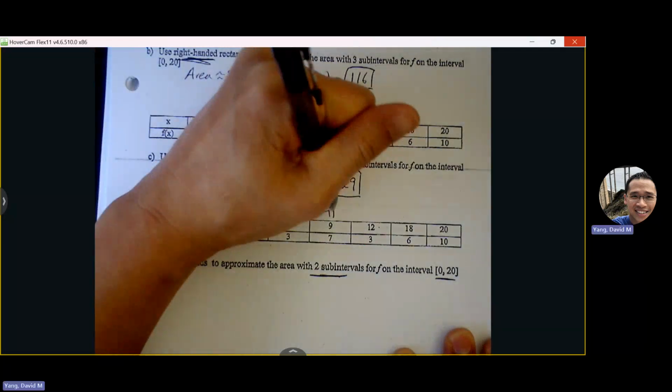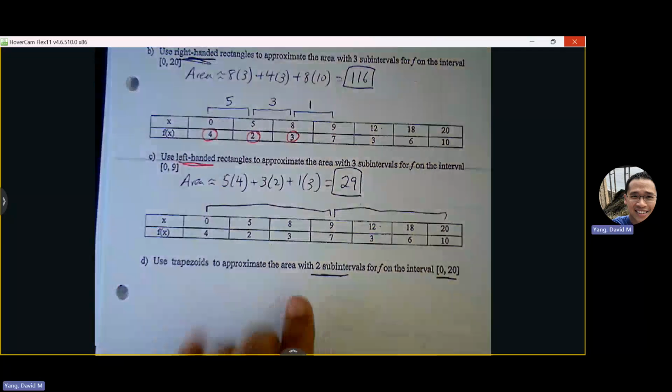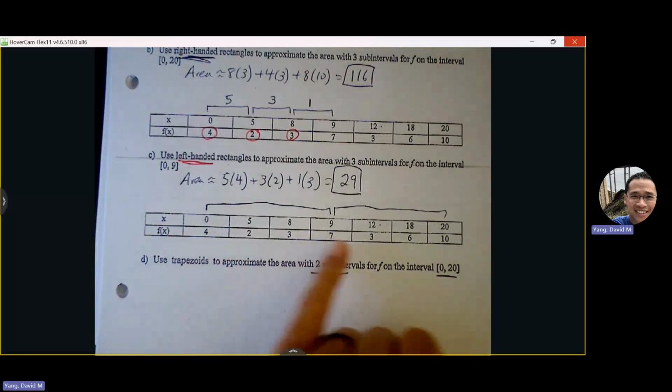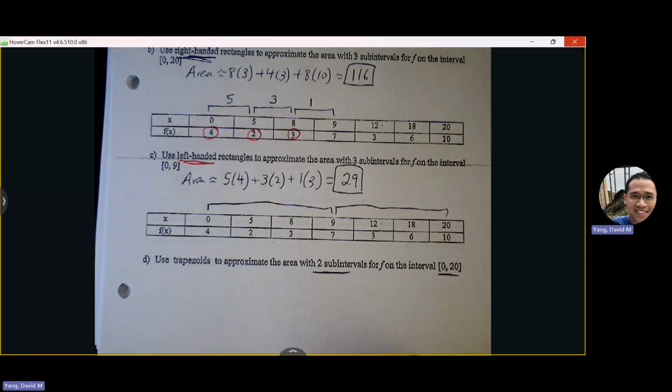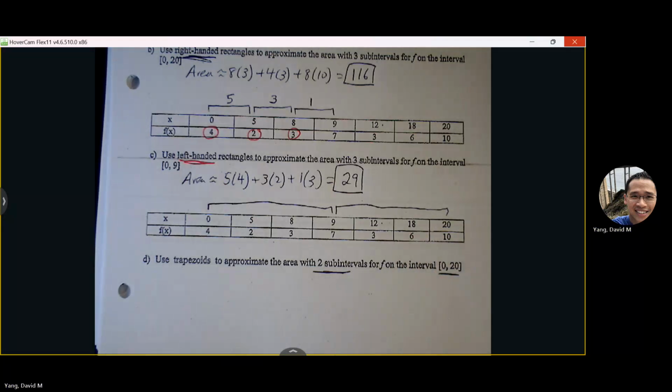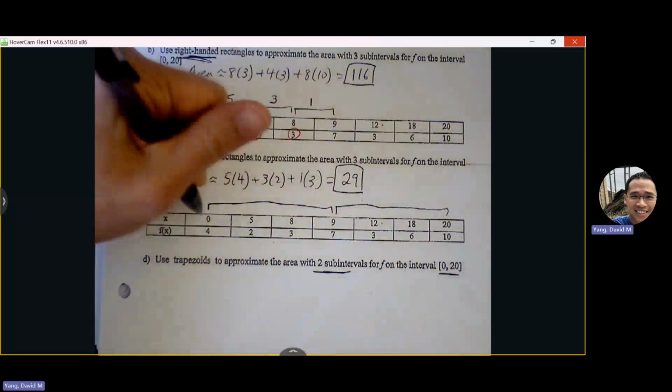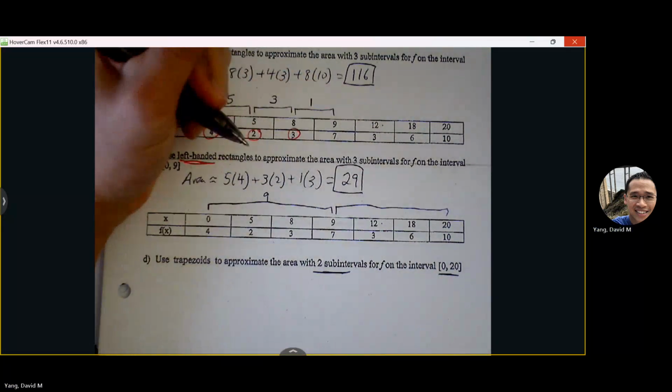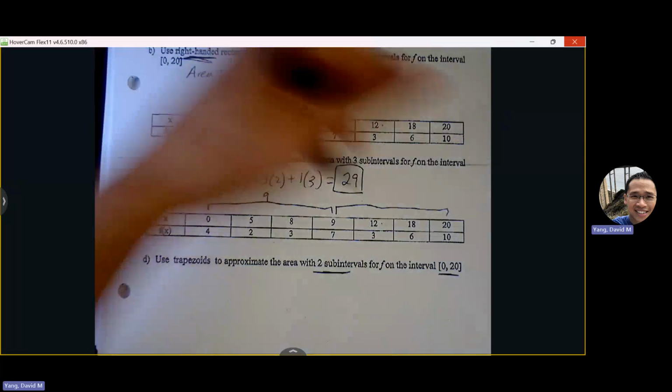And then the next one will be from 9 to 20. Let's double check. 0 to 9 spans across 4 ordered pairs. And then the second subinterval spans across 4 ordered pairs as well. All right, 9 minus 0 is 9. 20 minus 9 is 11.